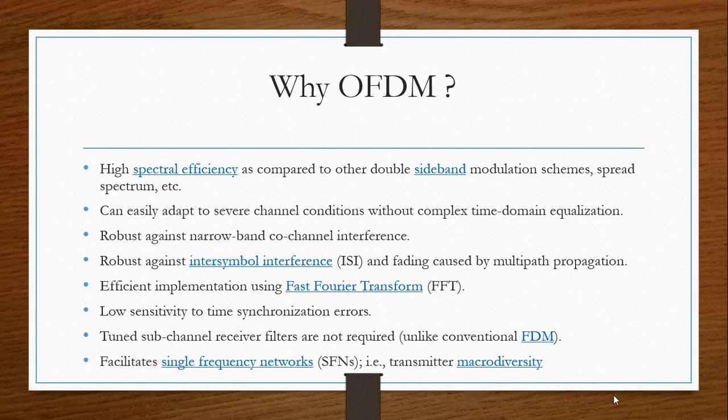Then it has low sensitivity to time synchronization errors, which is also one of the major limiting parameters in other modulation techniques. Then tuned sub-channel receiver filters are not required in OFDM, which is also a very good advantage. It facilitates single frequency networks.